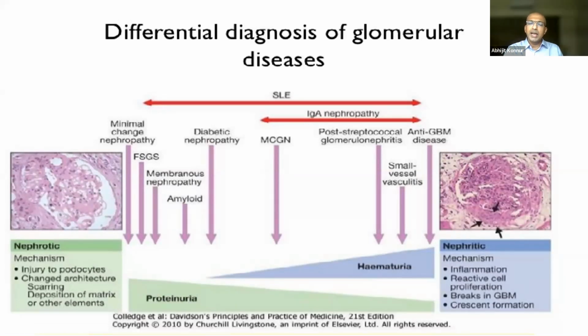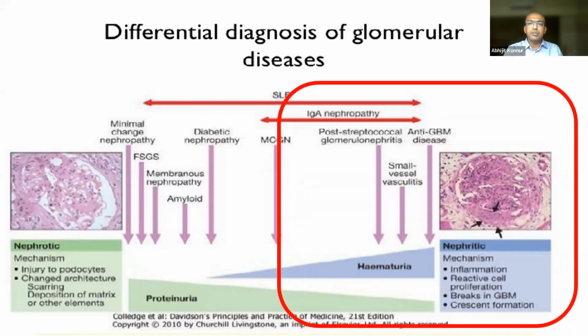And on the right-hand side, as we go, this involves the capillaries. So these are diseases involving the capillary, where there's inflammation, reactive cell proliferation, breaks in the glomerular basement membrane, and crescent formation. At the other end of the spectrum, you have post-streptococcal glomerulonephritis, small vessel vasculitis, and anti-GBM disease as the hallmarks.